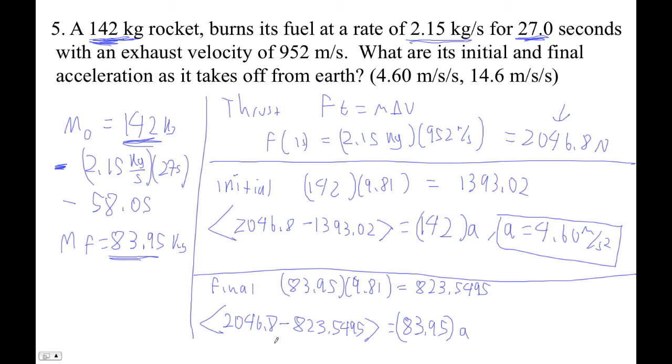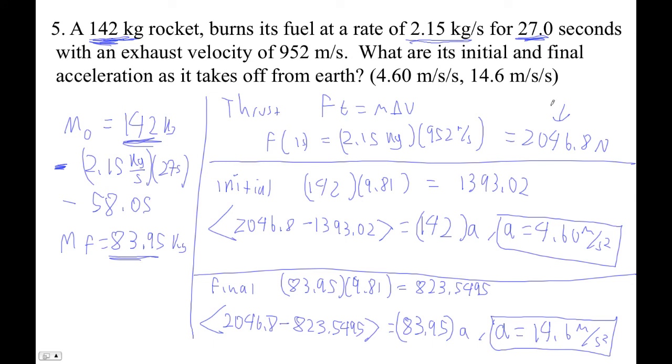So are we ready for this? Let's see. That guy minus the answer I just got. That divided by 83.95. 14.57. So that'd be about 14.6. All right. I think we got it.